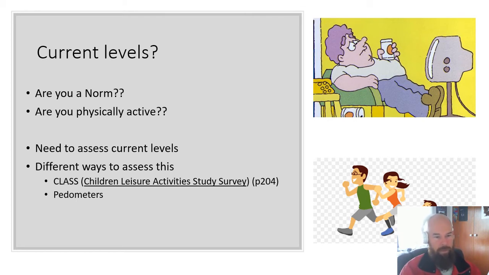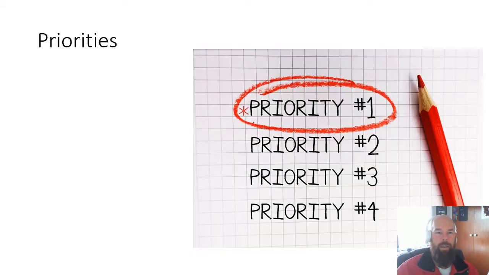The Children's Leisure Activities Study Survey, which is on page 204 if you want some more information, which we'll also look at in more detail later on, is basically a questionnaire that's given to parents and children under the age of 10, and it looks at their physical activity throughout a school term. You can do it through pedometers, you can do it through fitness trackers, there are all those different ways that you can assess your fitness levels, which we will look at in a bit more detail.